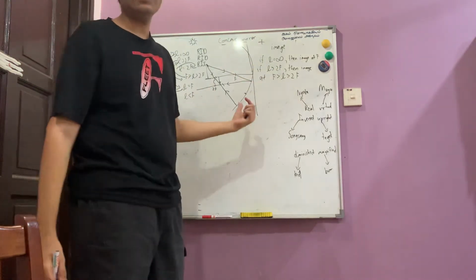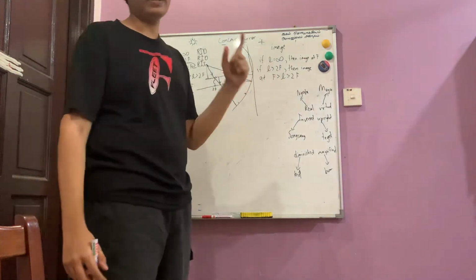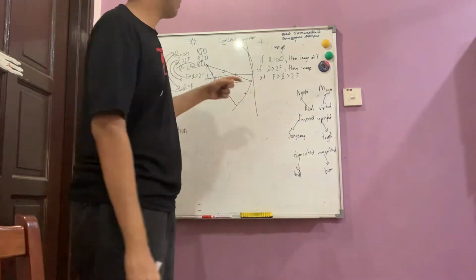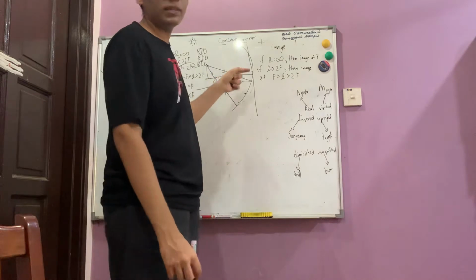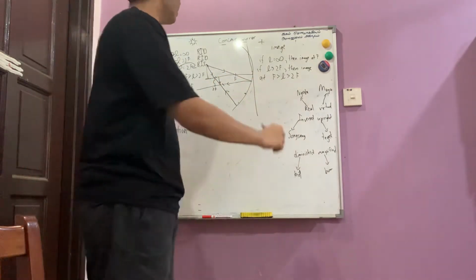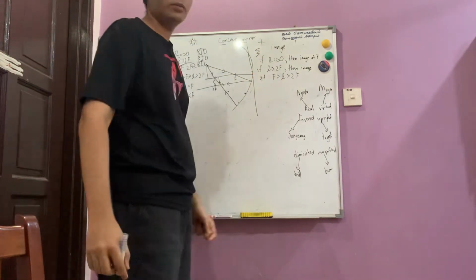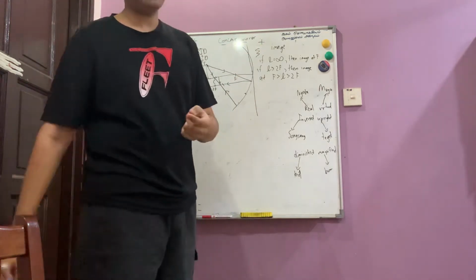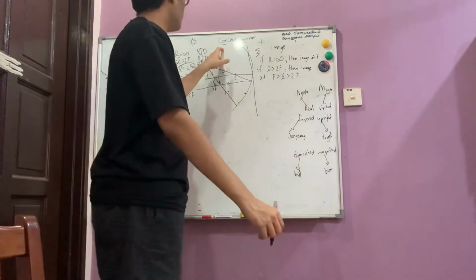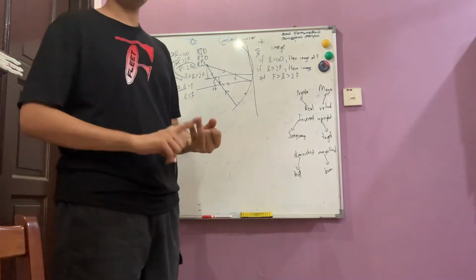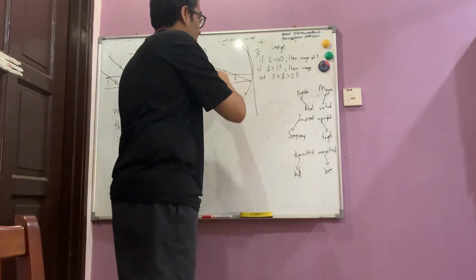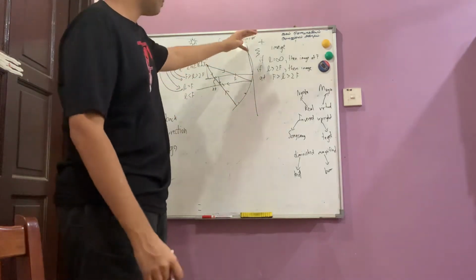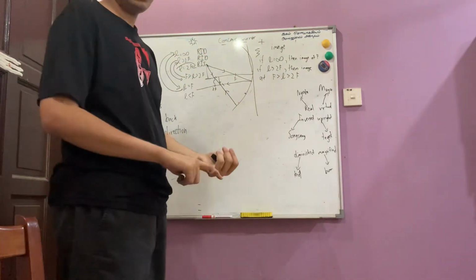For a mirror, if your image is at the axis negative, it is real. If your image is at the axis positive, around here, it will be maya, which is virtual. For a concave or convex mirror, negative is real, positive is virtual.